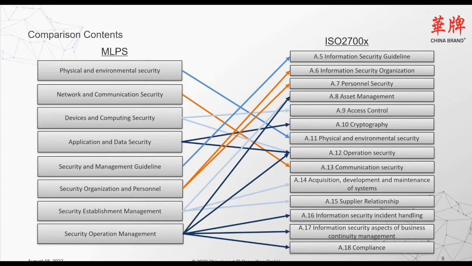Or for example, the security operation management, you can find this content in the ISO 27000 in the A8 asset management, the A12 operation security, and so on. So a direct comparison of the requirements would take a lot of time, and it makes more sense to only check for a concrete requirement that you want to find, and not to do a general comparison.